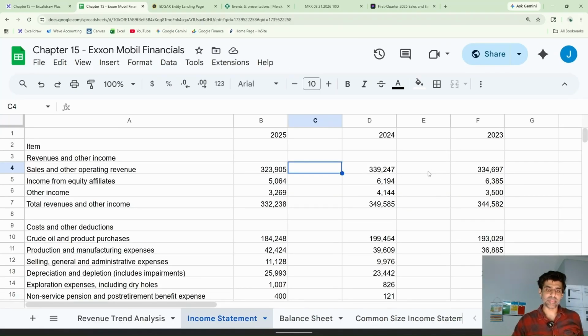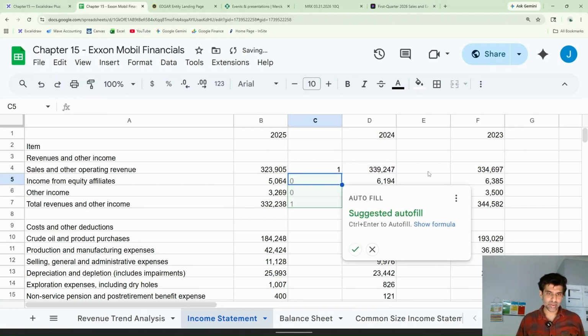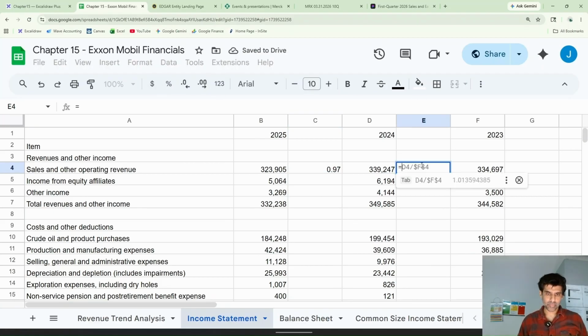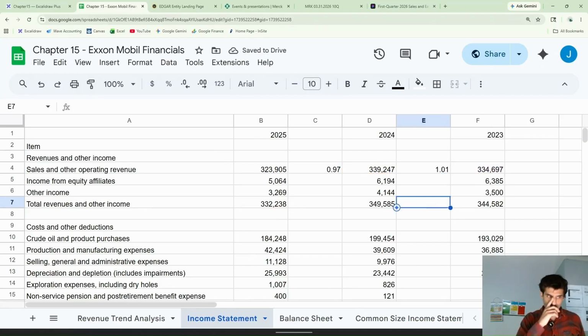This is our income statement, so we can do a couple of things. We could do a horizontal analysis. The oldest year is the base year. You can see that we have some volatility in the revenue here. It's going up and down.